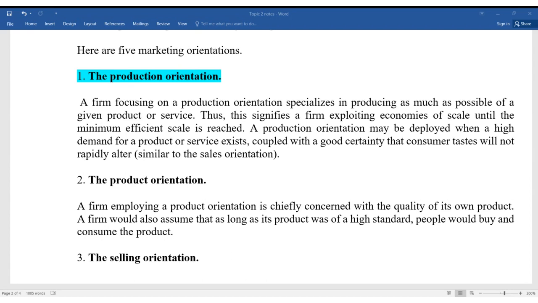Now, product concept. This is a concept that focuses on production of quality products which are highly innovative.